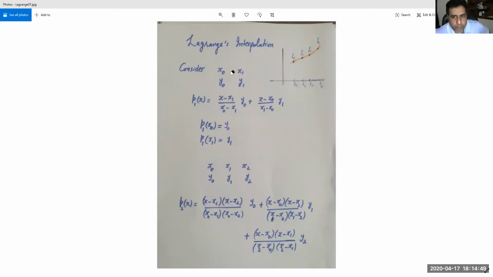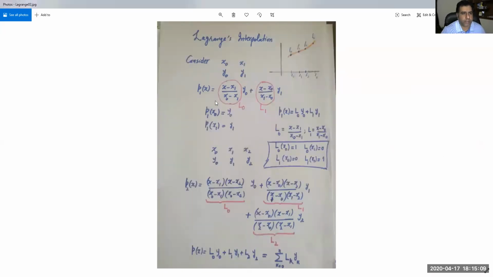So let us give some credit to Lagrange. And for that, I will be renaming these factors as L0, L1, L2. Let me go to another slide.